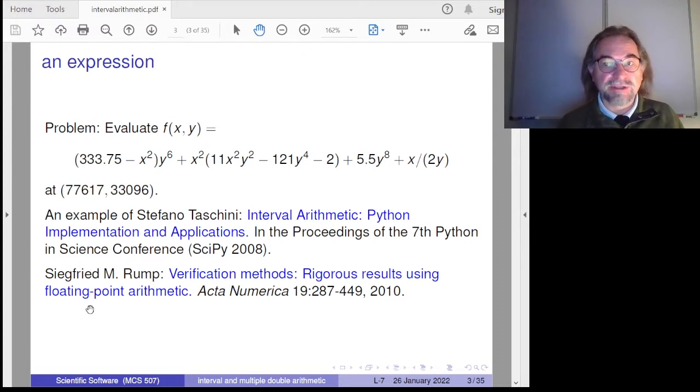So we actually start with an easier problem, but actually a more important problem, because if you cannot evaluate an expression correctly, then the question of root finding is actually not so relevant anymore.